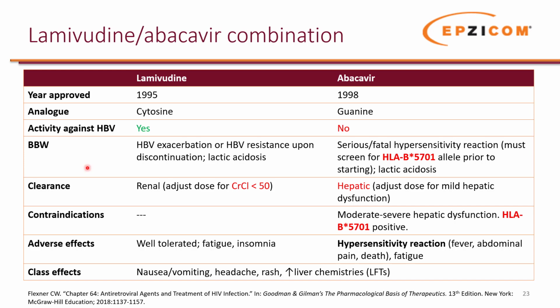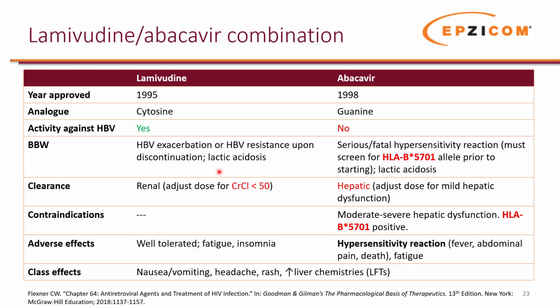Because of that, they were associated with lactic acidosis, and this became a black box warning for the entire class. The newer drugs, relatively newer compared to the drugs from the 80s, have lower affinity for mitochondrial DNA, and therefore they are not likely to cause lactic acidosis. But regardless, the FDA has this black box warning for all NRTIs.